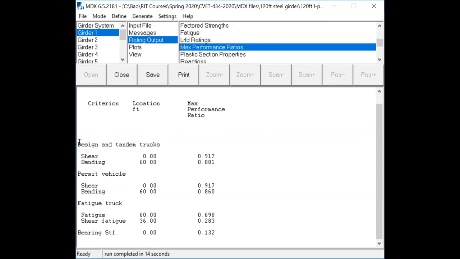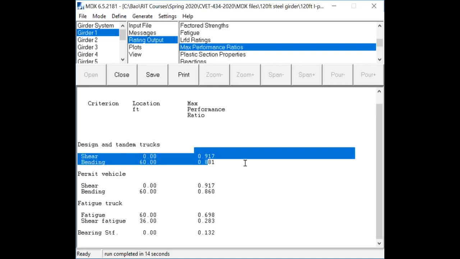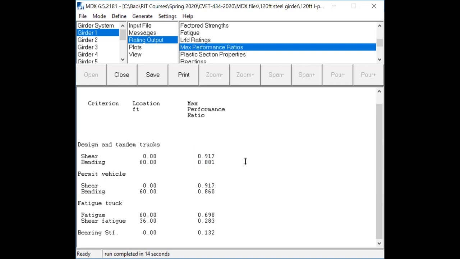If you use HL93, the shear performance ratio is 0.9, and the maximum performance ratio definitely needs to be lower than 1. Greater than 1 represents a failure, and smaller than 1 means it meets the strength limit.